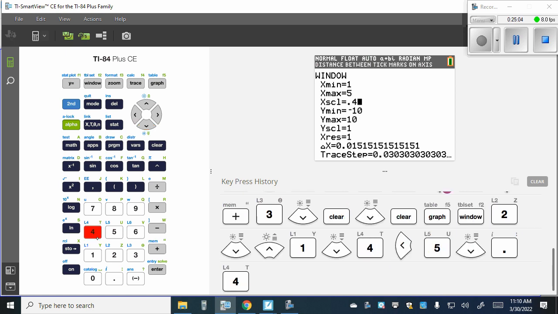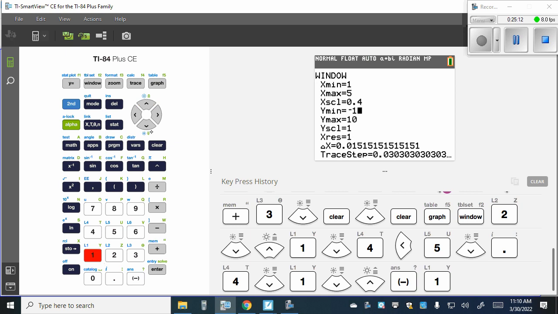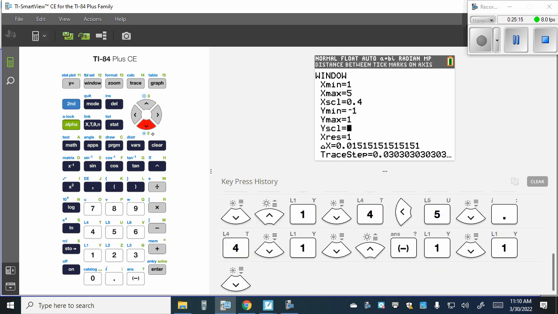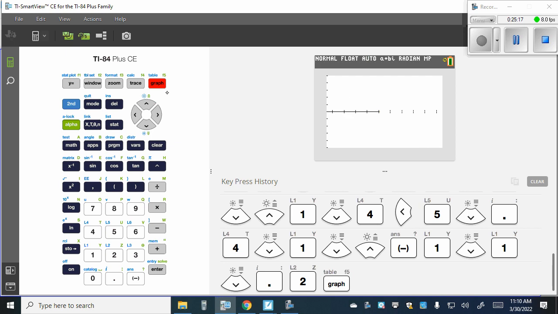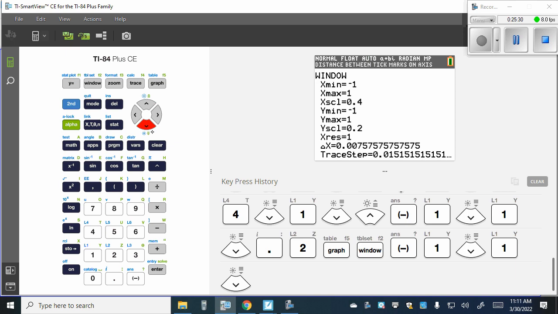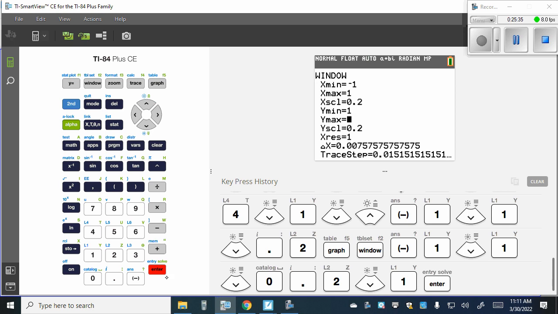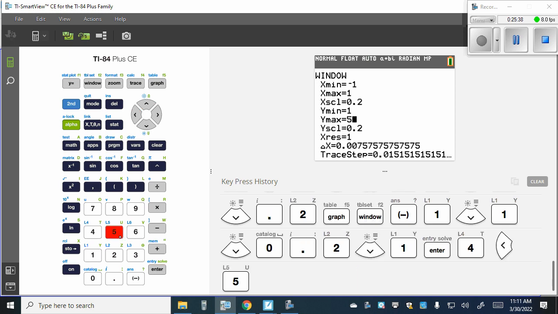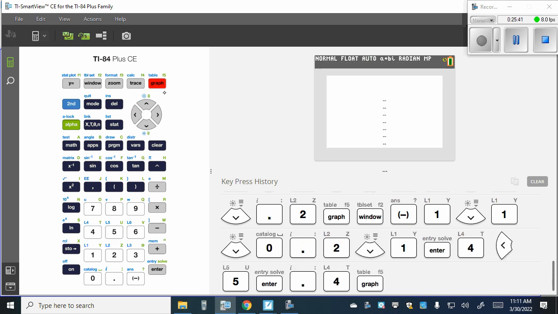So let's say 0.4 and go from -1 to 1, which is a distance of 2, so 0.2, and graph. It'd help if I thought about this in the correct light, and this here would be our 1 enter 5 enter 0.4. There we go.